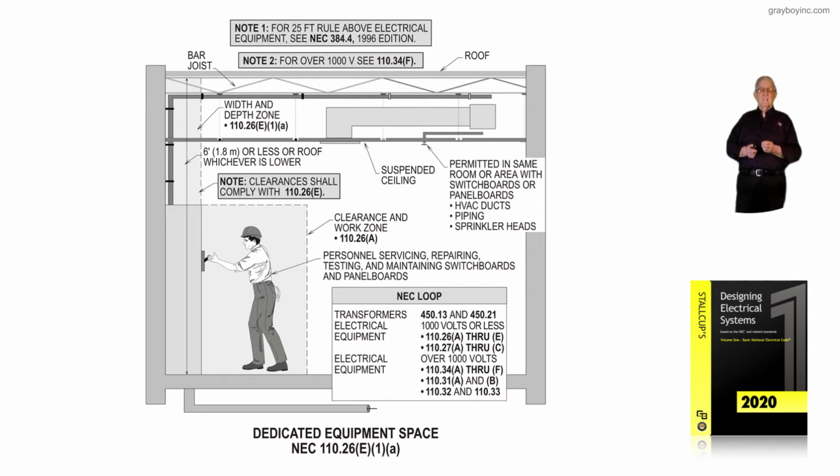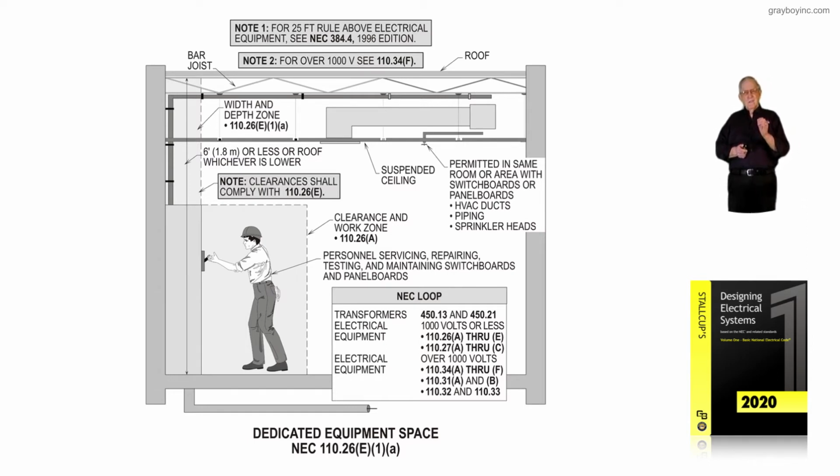Notice that a suspended ceiling is not considered the roof, so it could go there in that 6 foot space and not be considered foreign. And notice it's to the roof, whether it's 6 foot or lower, according to this 110.26(E)(1)(a).